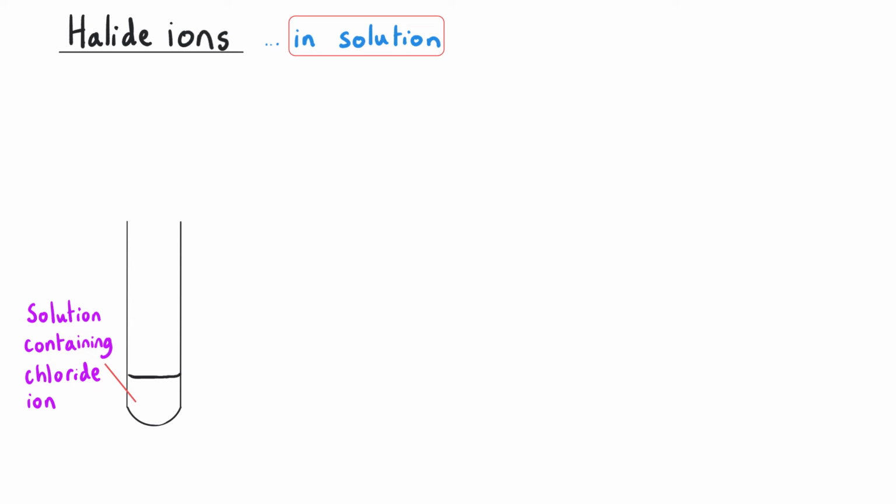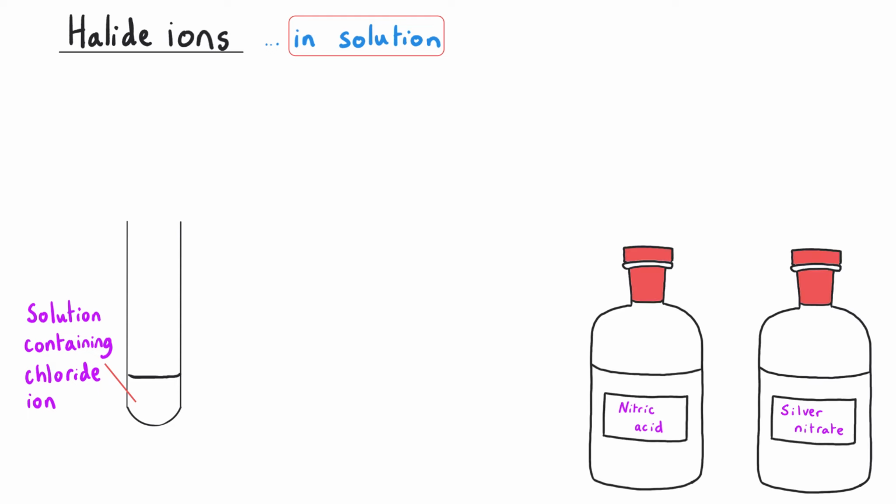Let's assume that our solution does contain a halide ion and that it is the chloride ion. To prove the presence of this chloride ion, we need to add 2 chemicals. The first chemical is nitric acid and the second chemical is silver nitrate.